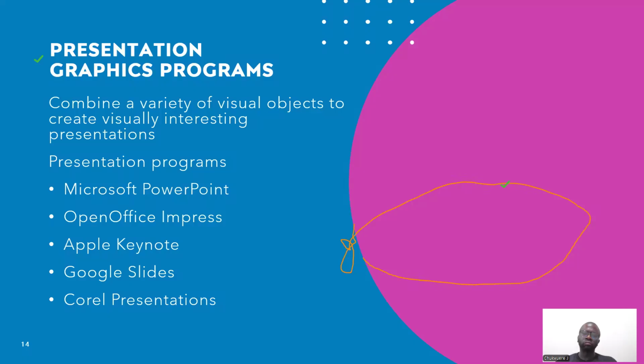Okay. Now we move over to presentation graphic programs, which combine a variety of visual objects to create visually interesting presentations. Like this, what you're watching right now is a typical example of what your presentation program can do for you, and this was done using PowerPoint presentation.